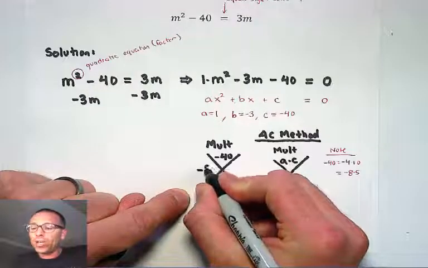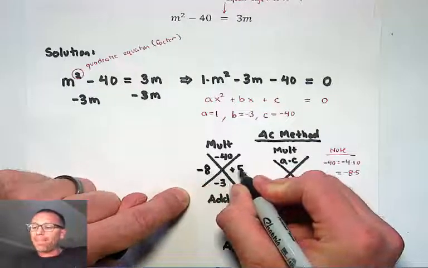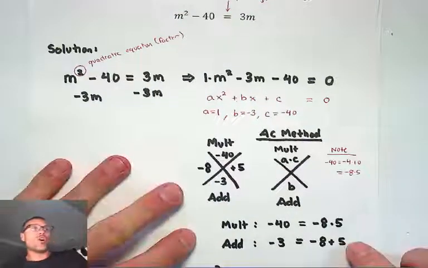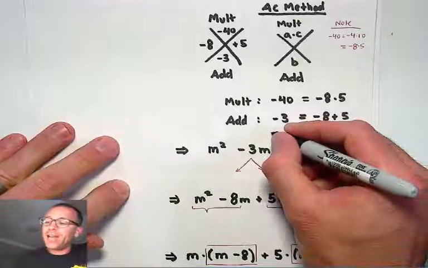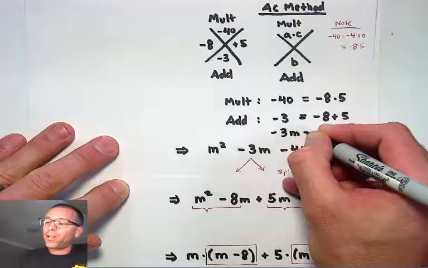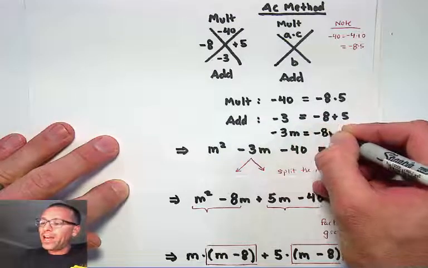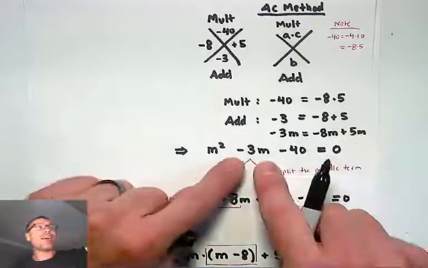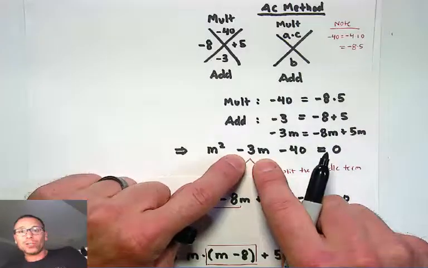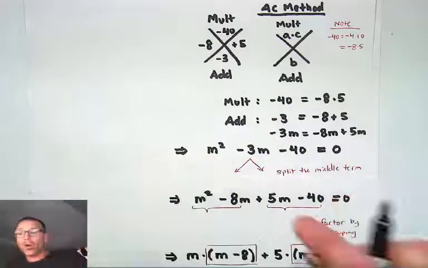In this case, we chose negative 8 and positive 5 because those solved those two problems. Once we did this, we realized that this gives us an equivalent way to talk about negative 3m as negative 8m plus 5m, which lets us split that middle term. We literally just break it apart.